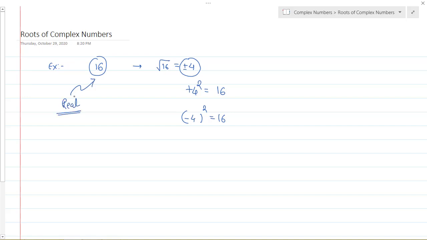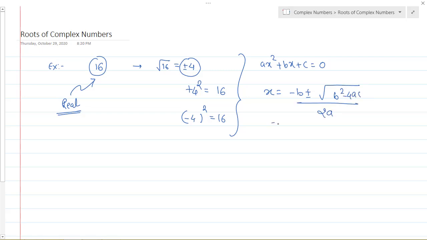Do we have roots for complex numbers also? Yes, of course there are. Let me do a quick revision from the lower classes. Suppose we have ax square plus bx plus c equals 0. What are the roots of this equation? x is equal to minus b plus or minus the root of b square minus 4ac, upon 2a. I hope you remember this.